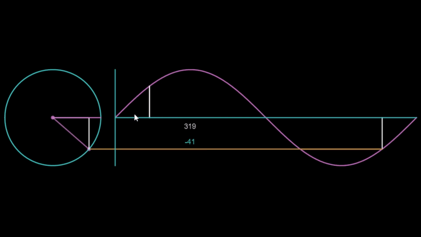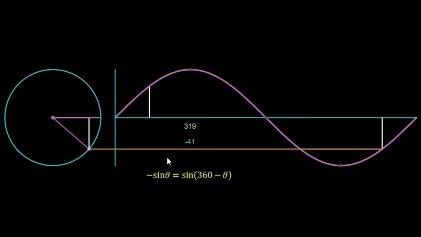So we've said that the sine of this angle theta is going to be the negative of the sine of the angle 360 minus theta. So we can write this out as an identity. The identity here is minus the sine of theta is equal to the sine of 360 minus theta.